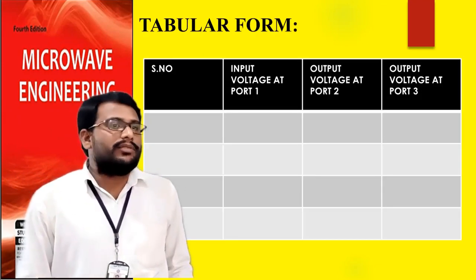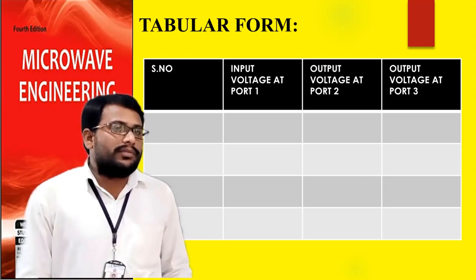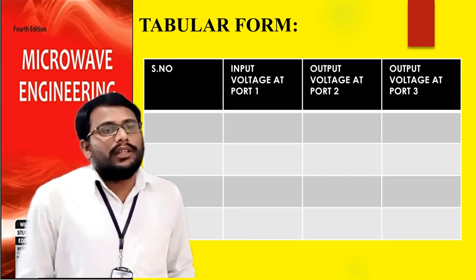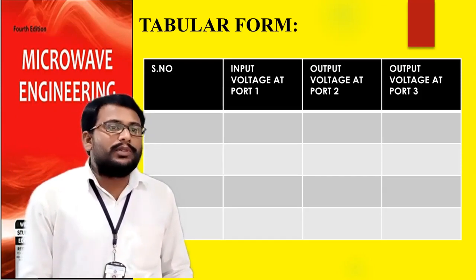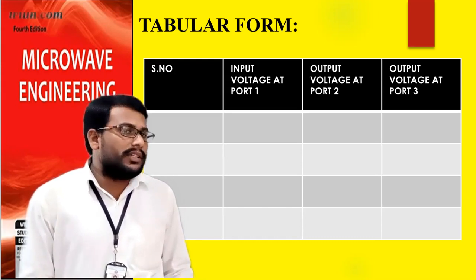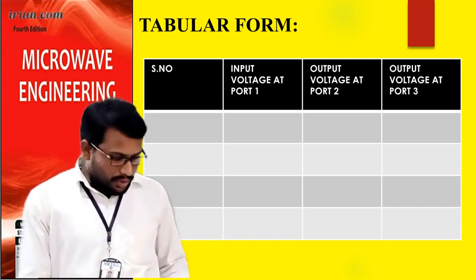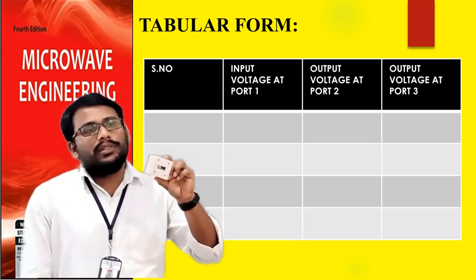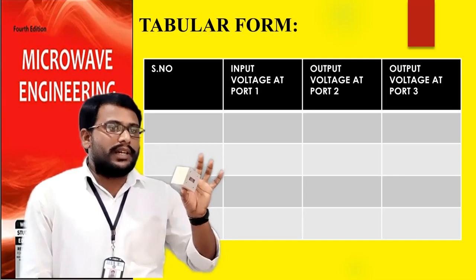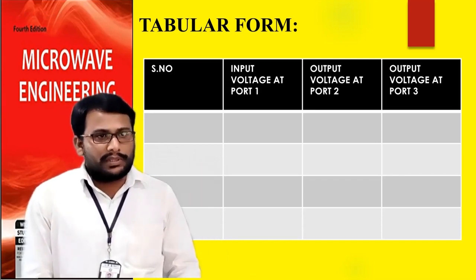Then coming to the tabular form. Here see the input voltage at port 1, output voltage at port 2, output voltage at port 3. So one input and two outputs, as I told, it has three ports. One port is connected to the input side, and the remaining two ports act as outputs.